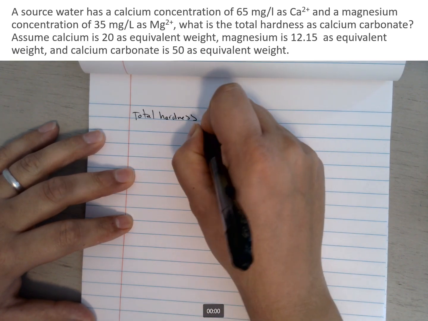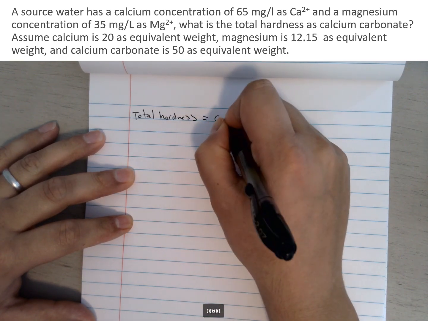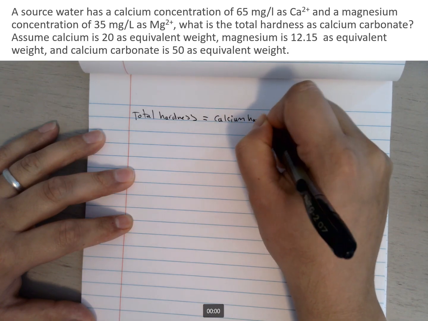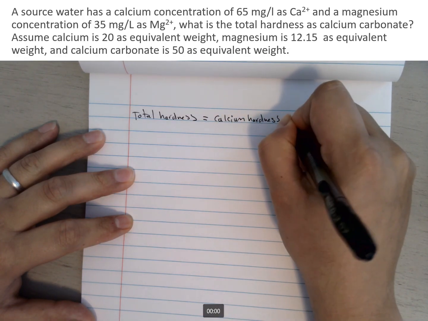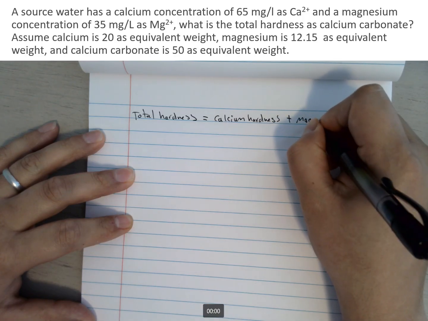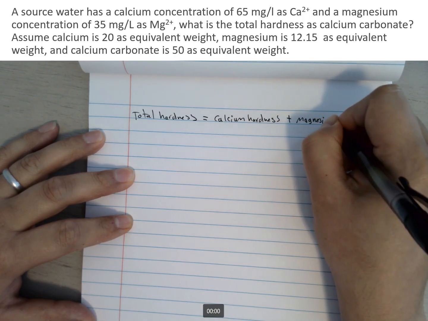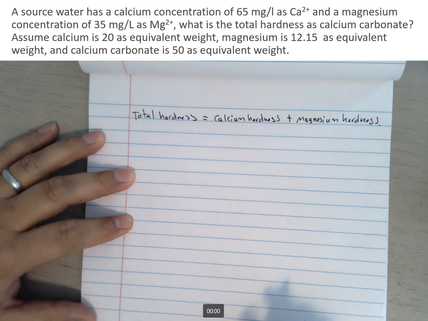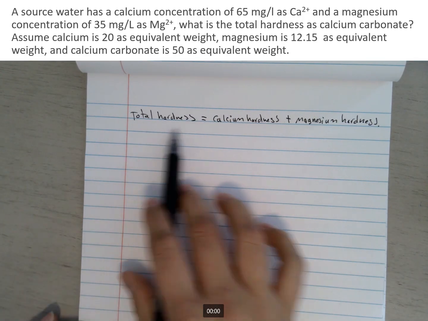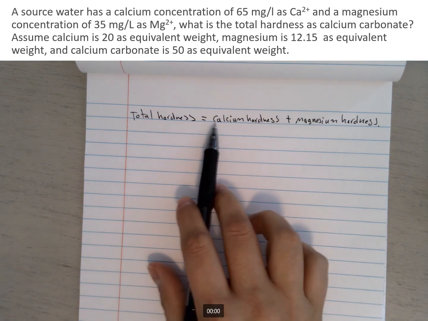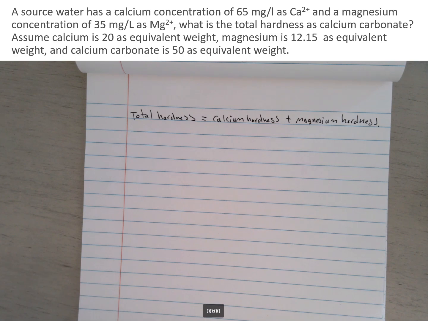Total hardness is equal to the calcium hardness plus your magnesium hardness. This basic equation was introduced during the water treatment part of this. Very basic. Total hardness equal to calcium hardness plus your magnesium hardness.